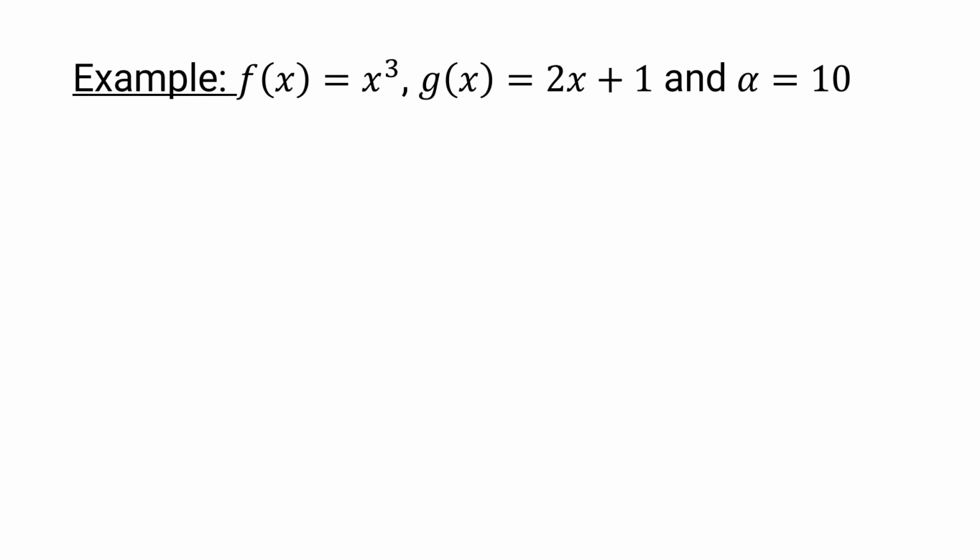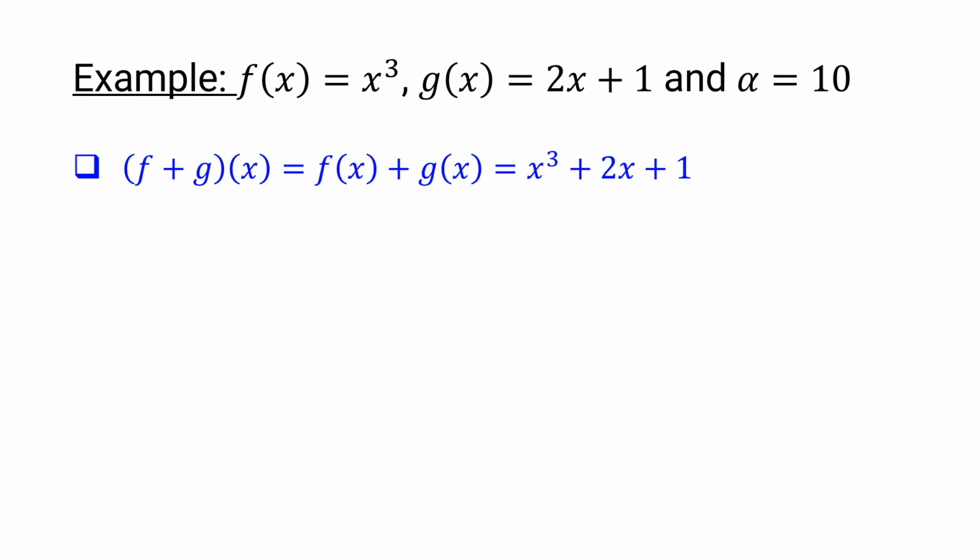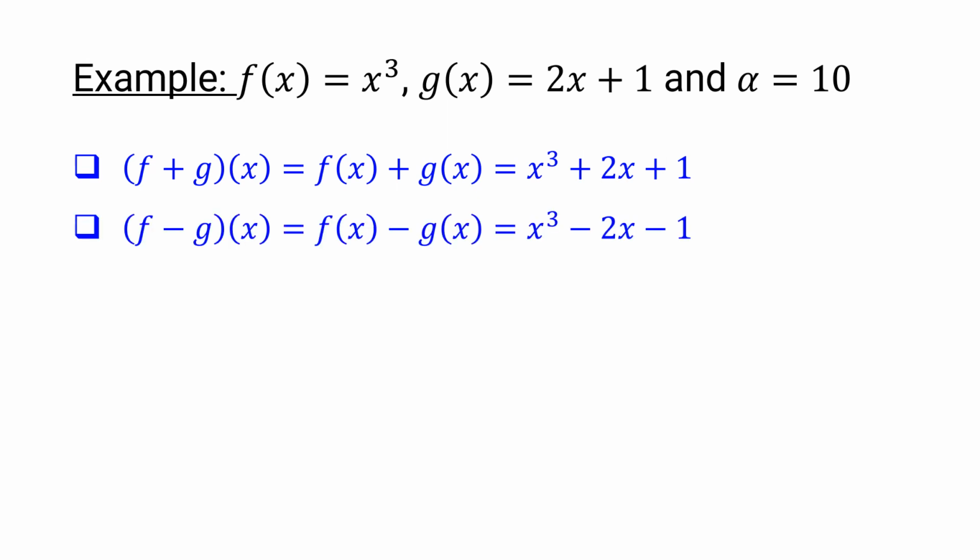Take an example. Suppose that f(x) is equal to x cube and g(x) is equal to 2x plus 1, and suppose that the scalar value alpha is equal to 10. The addition of these functions results in (f+g)(x) equal to f(x) plus g(x) equals x cube plus 2x plus 1. Subtraction of these functions gives (f-g)(x) equals x cube minus 2x minus 1.